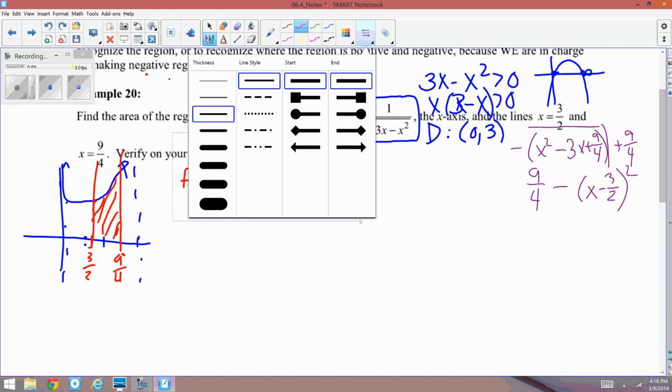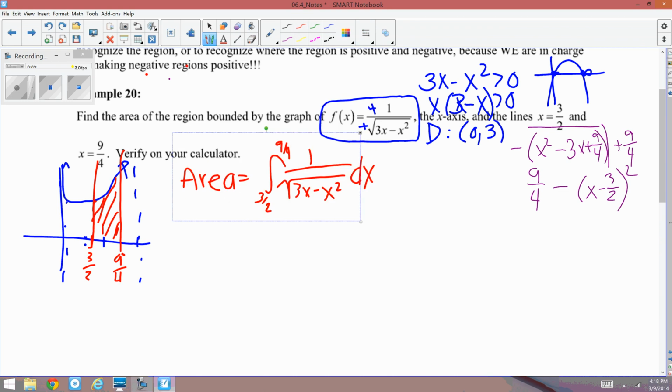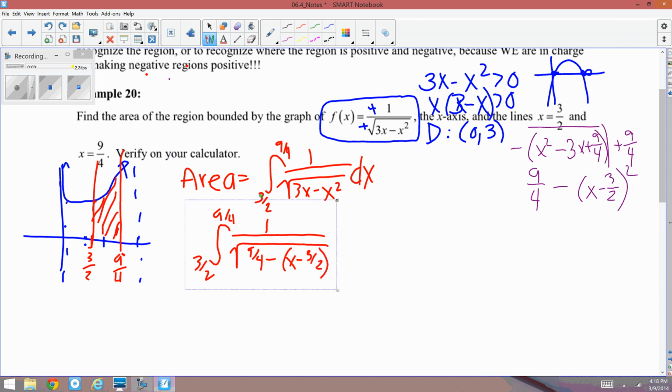So back to our problem, I can rewrite this as the integral from 3/2 to 9/4 of 1 over the square root of 9/4 minus (x minus 3/2) squared. I'll just put my dx on the top, to save a little bit of space.